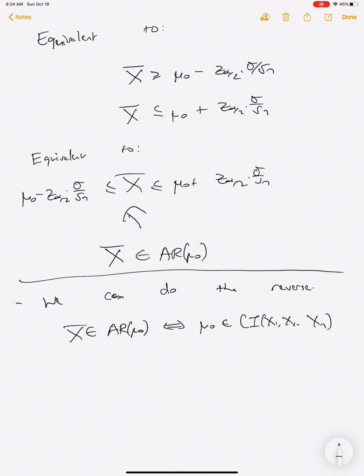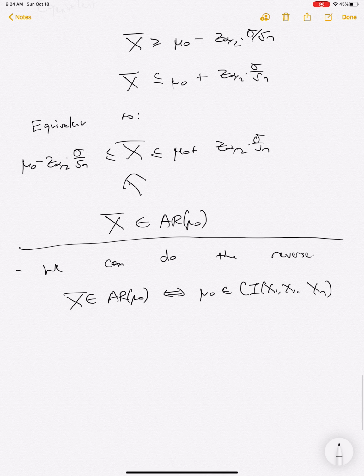So we've kind of demonstrated what's going on in the case of the normal distribution, but this is really going to be the key equivalence that we see, or duality, not necessarily equivalence, but duality between the acceptance region of a hypothesis test and a confidence interval.